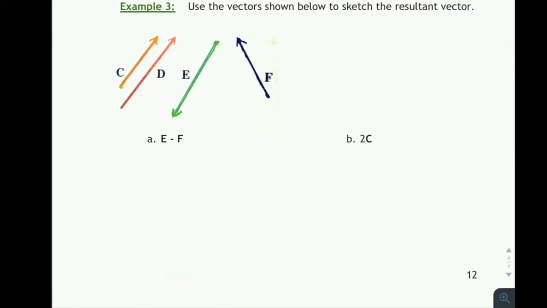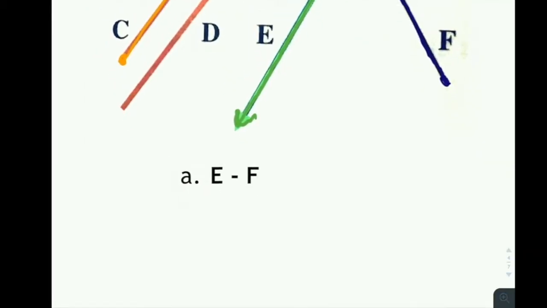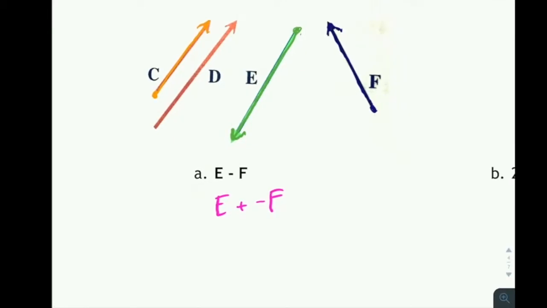So if we want to sketch some resultants down here, a little subtraction, a little scalar multiplication. If you want the vector that results from doing vector E minus F, usually I just think of this as E plus the opposite of vector F. So I'm going to copy this down here.